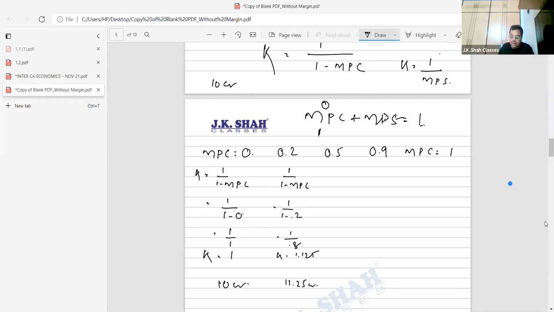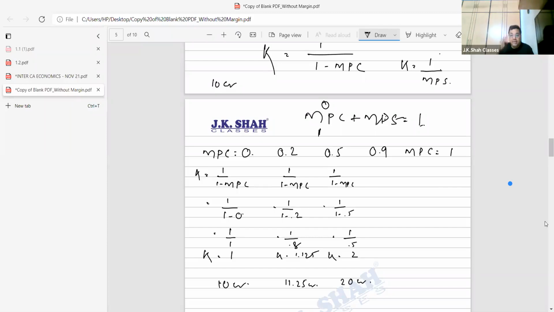Second case done. Third case: 1 upon 1 minus MPC, 1 upon 1 minus 0.5, 1 upon 0.5, that is nothing else but 2. So 10 crore becomes 20 crore. Those who are getting the knack of it, be very clear.